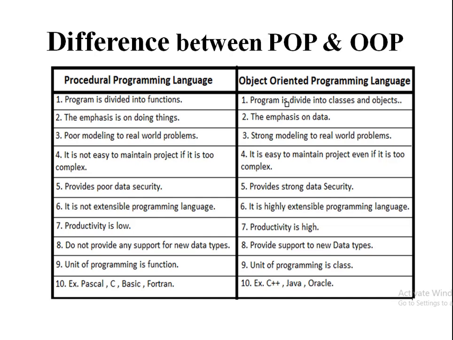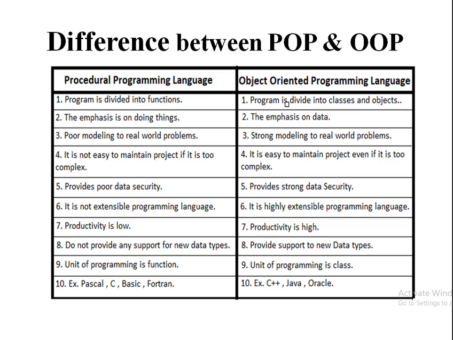In procedure oriented programming, it is not easy to maintain the project if it is too complex, but in object oriented programming it is very easy to maintain the project even if it is complex. Then procedure oriented programming provides poor data security, but object oriented programming provides strong data security.